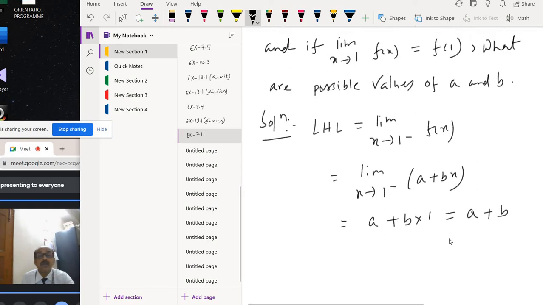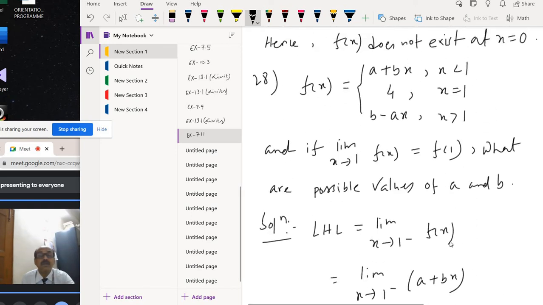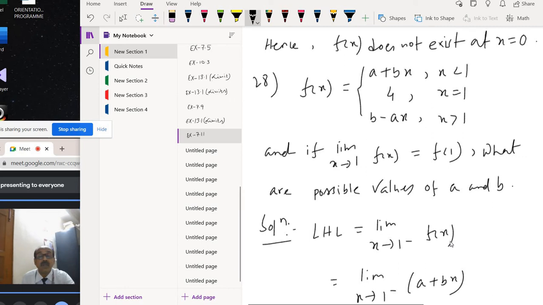And it is given limit x tends to 1, f(x) equal to f(1). That means x tends to 1 plus or 1 minus, both are f(1).